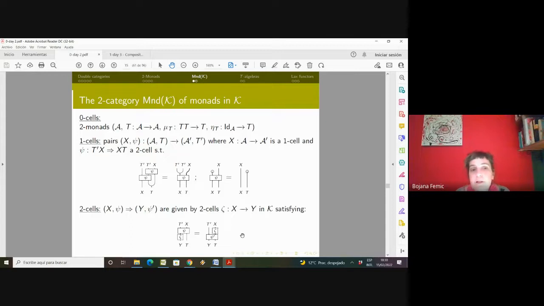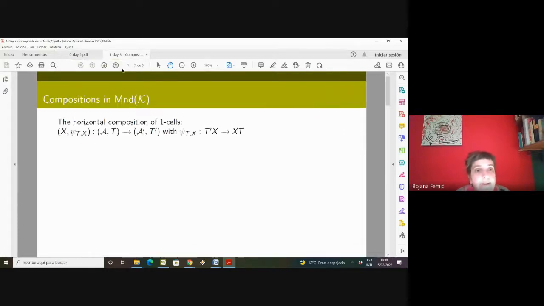I should tell you the identities and the compositions. And for that, I go to this other slide. The horizontal composition, actually just composition of one cells. So if I take a pair x, psi acting like this, and another one y with its psi on t prime, then this psi for t prime acts like this.